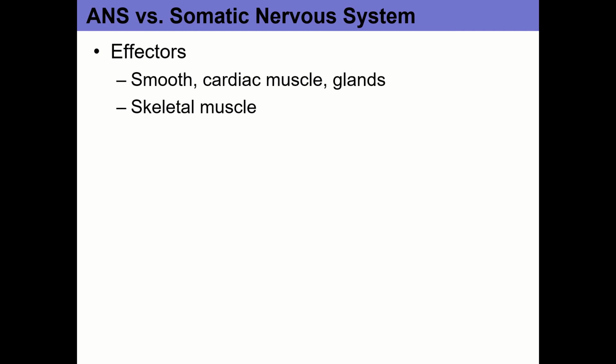So the autonomic nervous system governs the secretion from glands. Actually, secretion could be either, depending on the gland, never mind. As opposed to the somatic nervous system, remember, voluntary muscle contraction, so the only effector for the somatic nervous system is skeletal muscle, voluntary muscle.